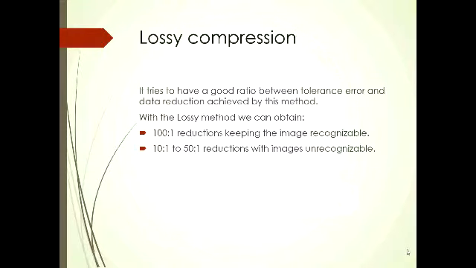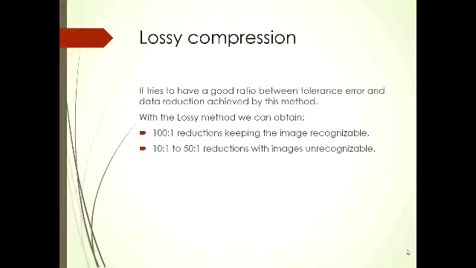Now, for the lossy compression, what it tries is to have a good ratio between the error tolerance and the data reduction. This means the amount of data that I'm going to lose versus the size reduction that I will have.